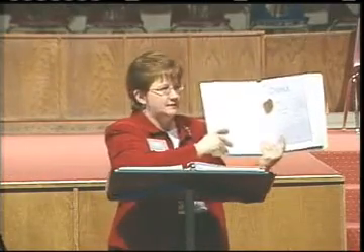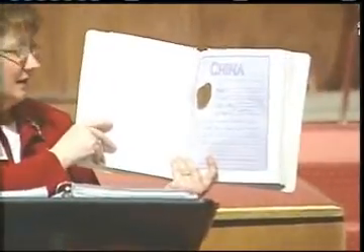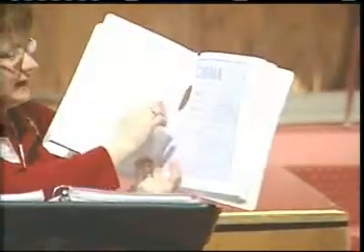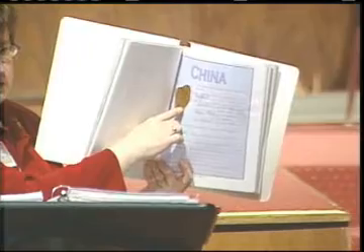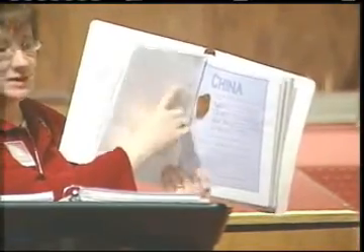Once in a while, I have to show this one because this was both of my children. This was their favorite student activity page in the whole book that particular year because it's about China and some of the spices that came from China. And so they actually globbed a whole bunch of glue on there and they picked which spice they wanted to use, and they put it on there.